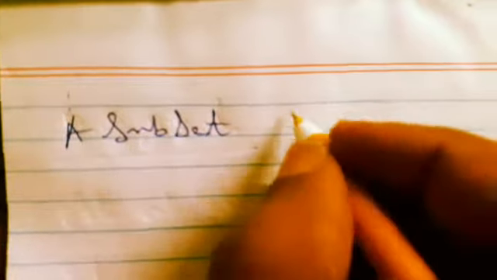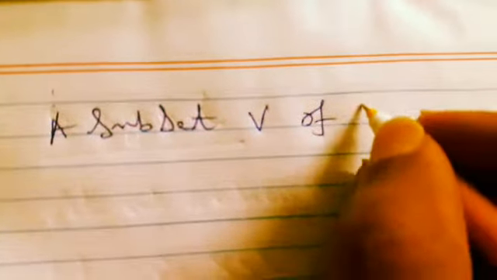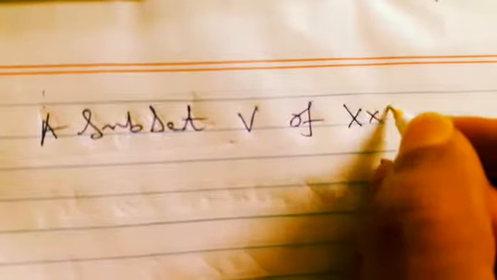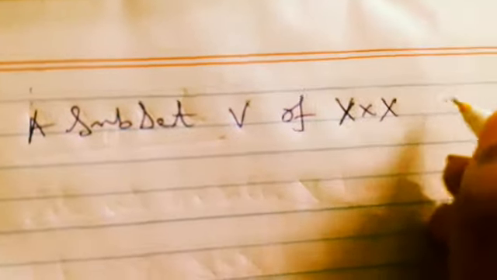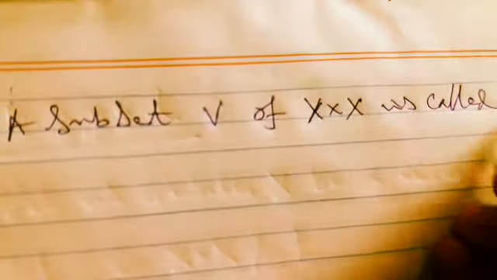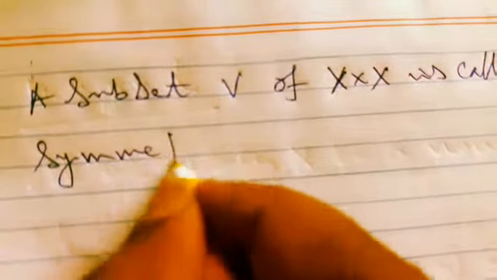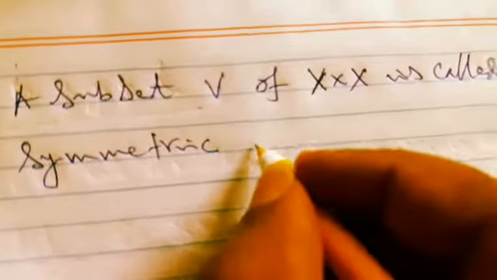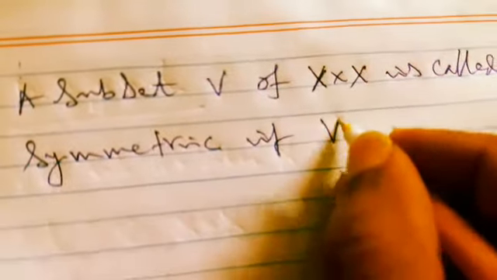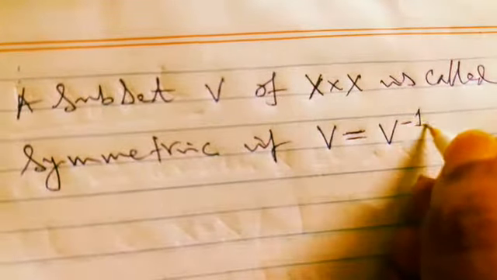A subset V of X cross X is called symmetric if this V is equal to V inverse.